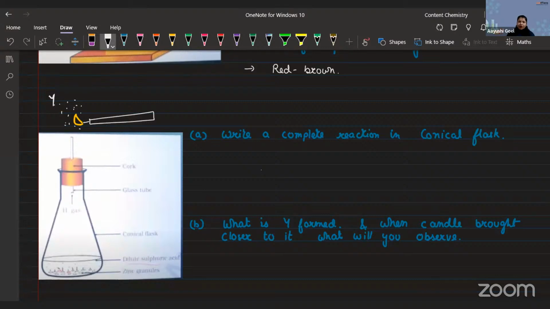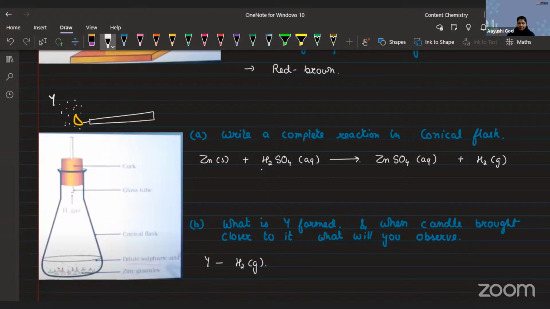Yes. So complete reaction, what will happen, as they have given you in the diagram itself that you have a zinc granule and they are reacting with dilute sulfuric acid. Because zinc is more reactive than hydrogen, it will replace the hydrogen and give you zinc sulfate. So zinc solid reacts with H2SO4 aqueous solution and gives you zinc sulfate, aqueous, along with the formation of hydrogen gas. So by this, we can say that Y is hydrogen gas which is formed. And the second thing, what will happen if I bring a candle?